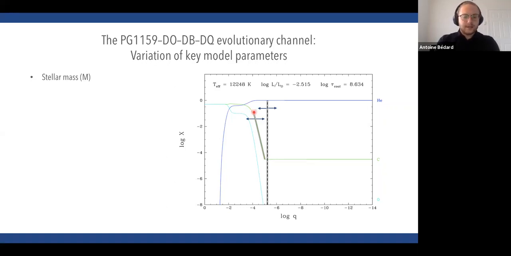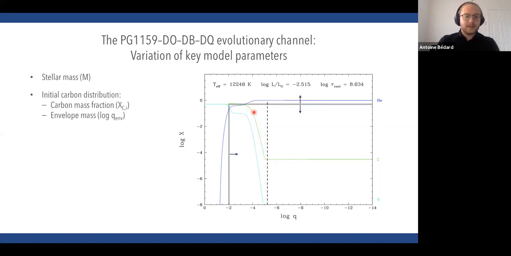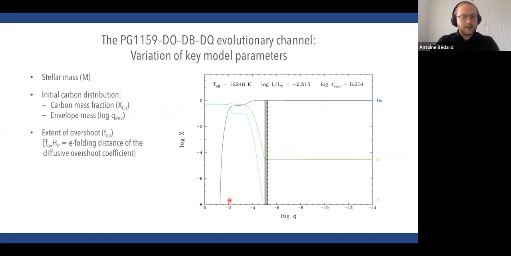Also, obviously, the carbon abundance pattern depends on the initial distribution of carbon in the PG 1159 progenitor, and this is controlled by two parameters, which are the carbon mass fraction in the envelope and the depth of the envelope. And finally, another parameter which influences the result is the extent of the overshoot region, which is shown here in gray.